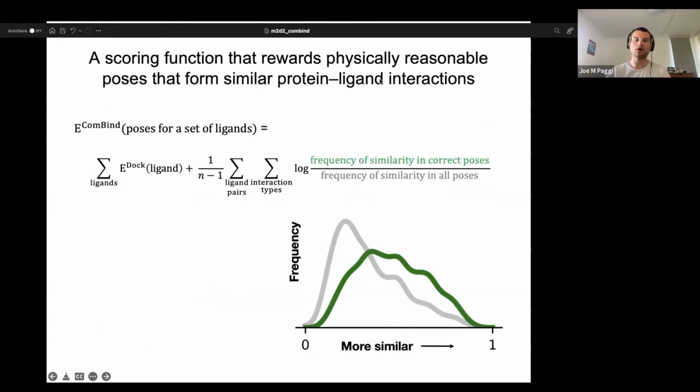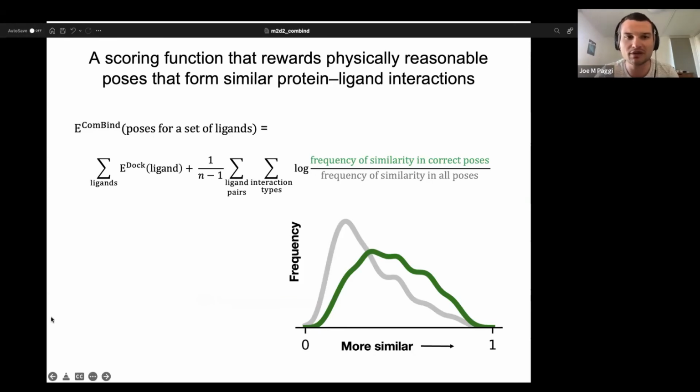To go into this, the input to the score is going to be poses for a set of ligands, one pose per ligand. The first component of the score is simply the sum of the physics-based docking scores.